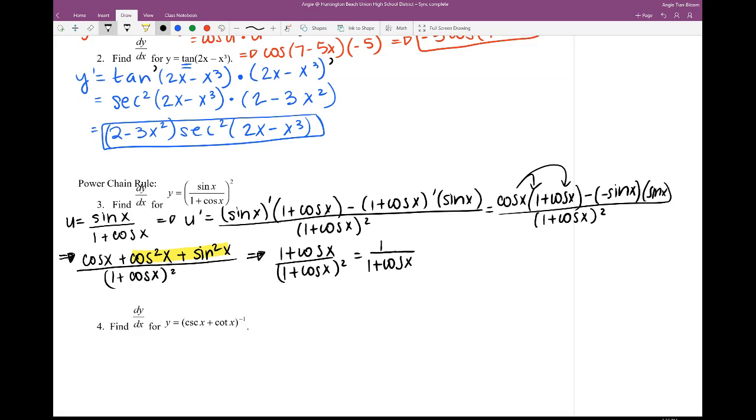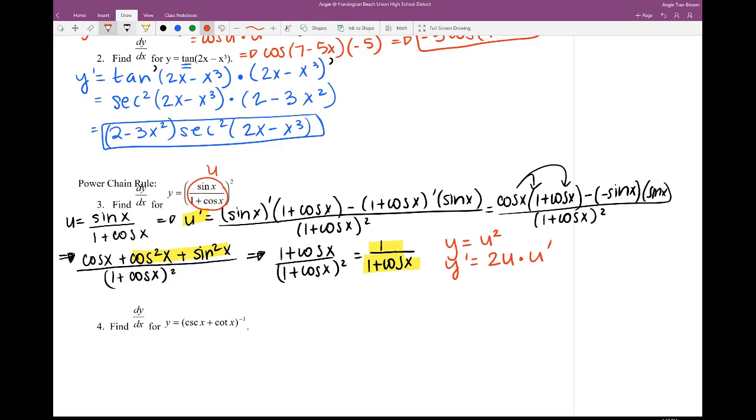Okay. Now that's not the answer. That is just what? u prime. Okay. So what do I do here? Well, I have to really find the derivative of y. But keep in mind, y is u squared. Remember that? Because this whole thing right here was u. So y prime is 2u times u prime.